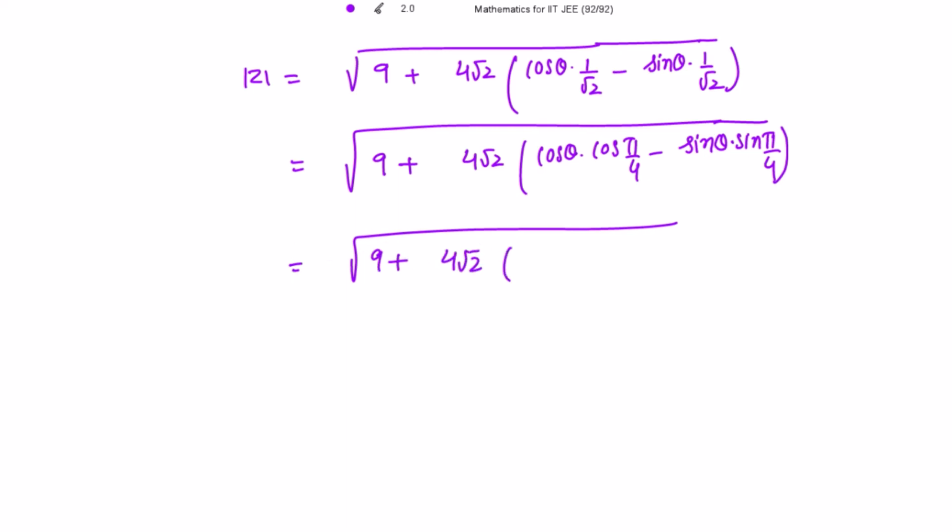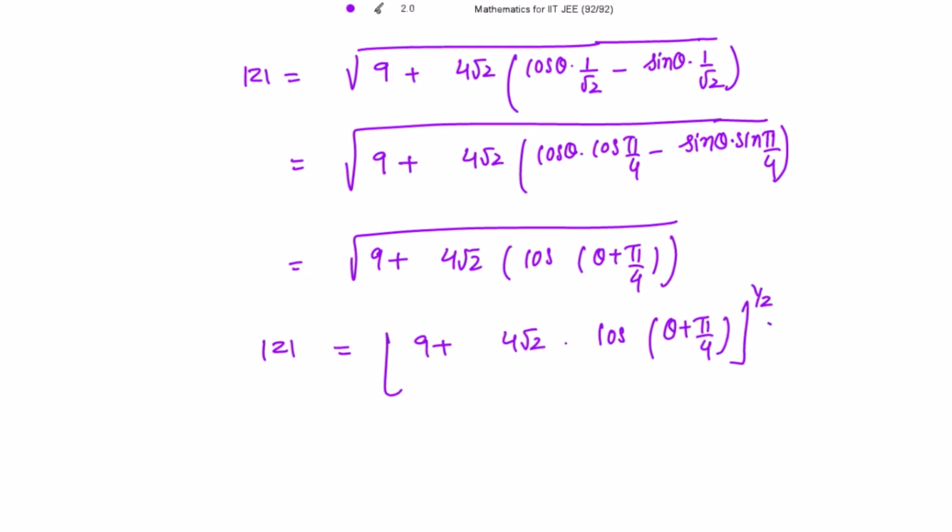Now using the formula here, cos A cos B minus sine A sine B is what? Cos of A plus B. So it is cos of theta plus pi by 4. So mod of z is equal to square root of 9 plus 4 square root 2 cos of theta plus pi by 4.